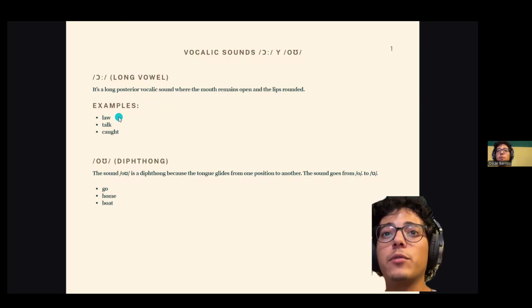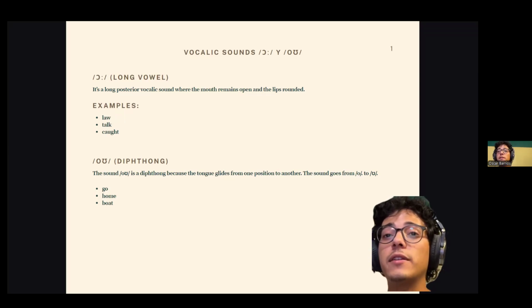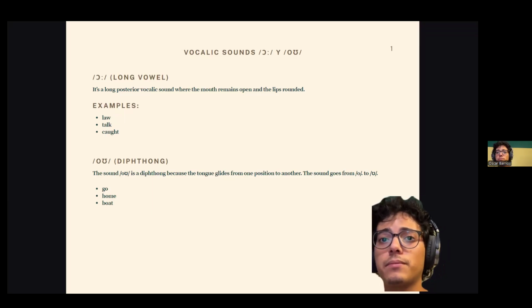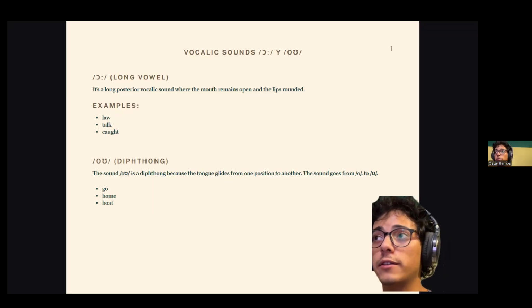First, we have the word law. But let's just emphasize that long vowel sound and the positioning of the mouth so we can understand the few pronunciation keys that we must follow to obtain the correct sound.